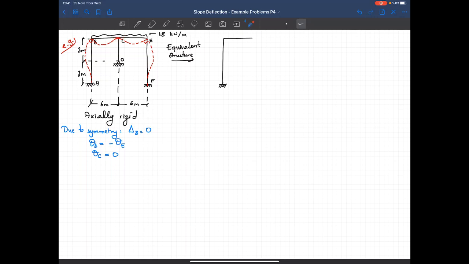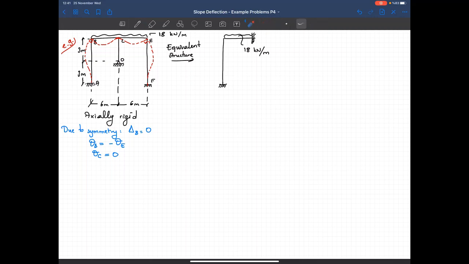Rotation is equal to 0, right? And also the vertical translation and the horizontal translation should all be equal to 0, which is the definition of a fixed support. And on this side, I have a uniform distributed load that's equal to 18 kilonewton per meter.